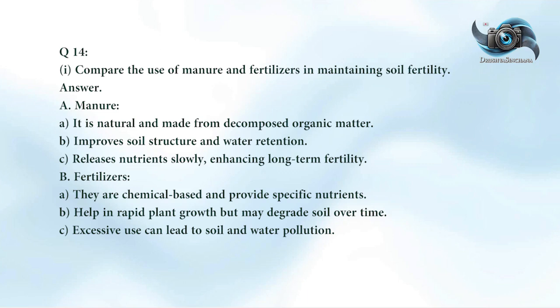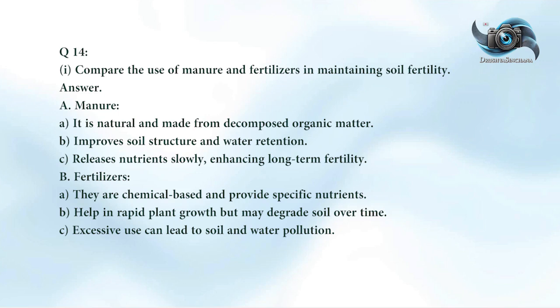Question number 14. 1. Compare the use of manure and fertilizers in maintaining soil fertility. Answer. A. Manure. A. It is natural and made from decomposed organic matter. B. Improves soil structure and water retention.